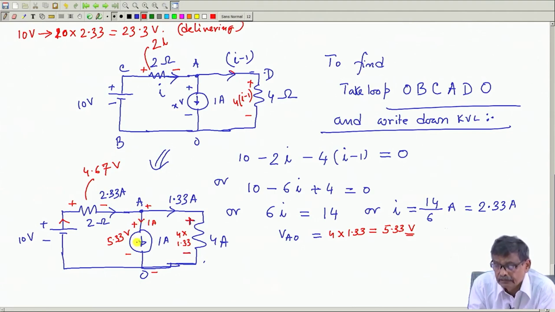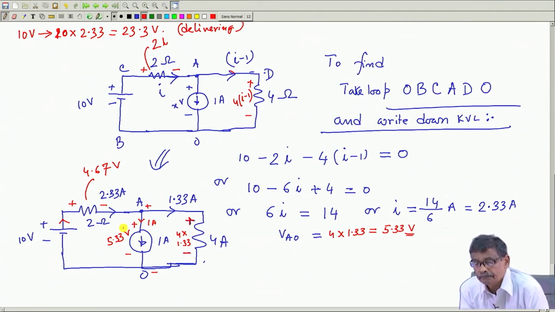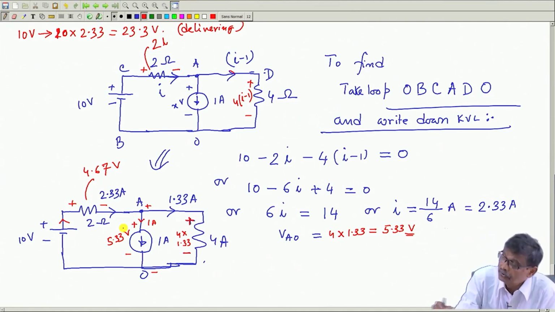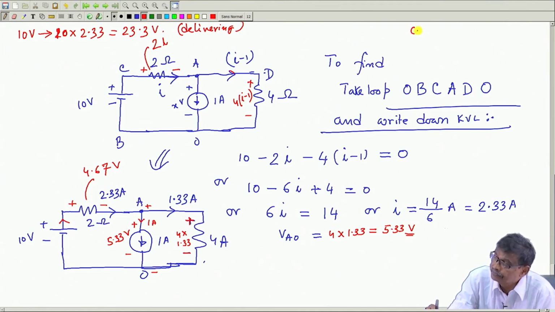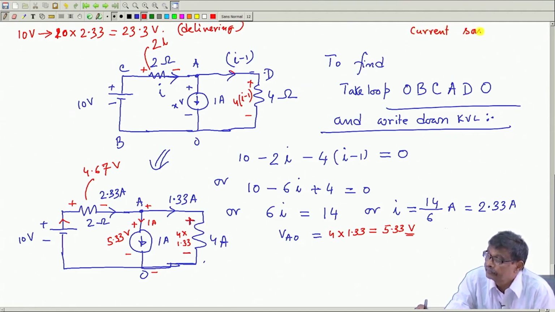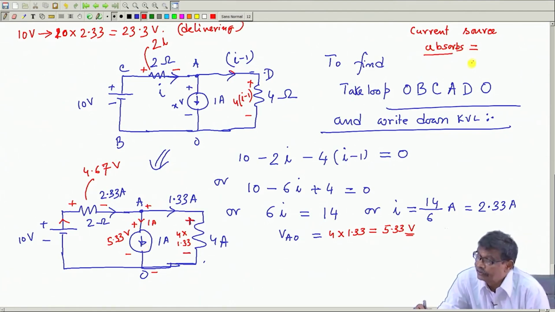So, this current source is absorbing power. How much power? The voltage across it, that is 5.33, into the current, that is 1.33, which gives 5.33 watts.